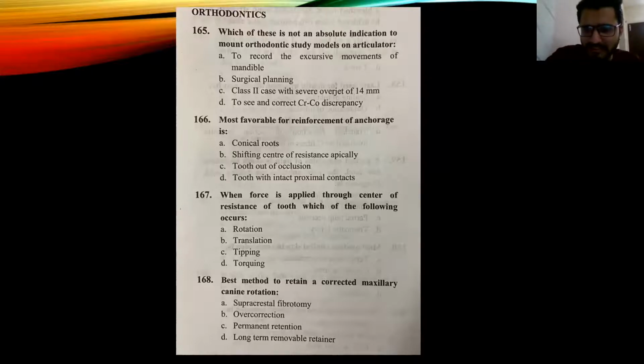Now the 167th bit is very easy. When force is applied through the center of resistance of the tooth, which of the following occurs? Obviously translation occurs when you are going to pass your force through the center of resistance of the tooth. I'm not going to waste time on that. Now, which is the best method to retain a corrected maxillary canine rotation? Guys, start answering.